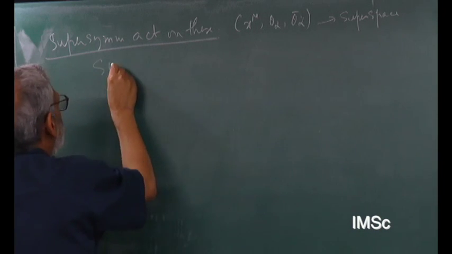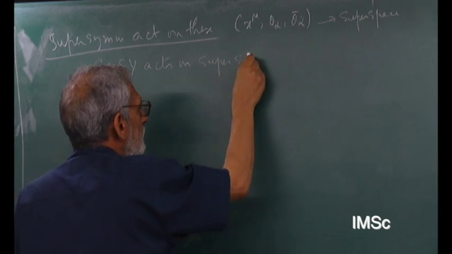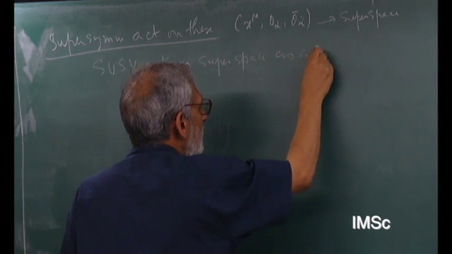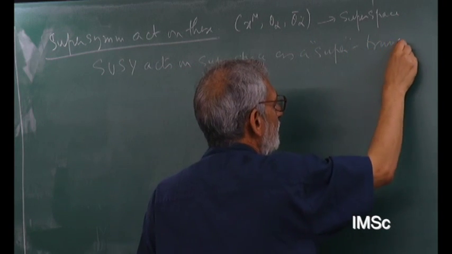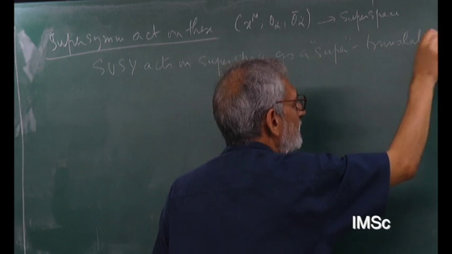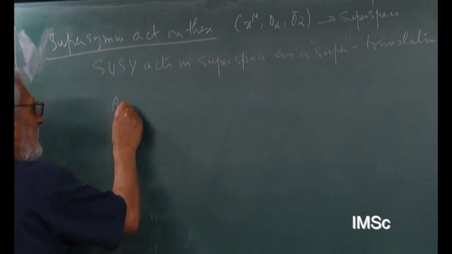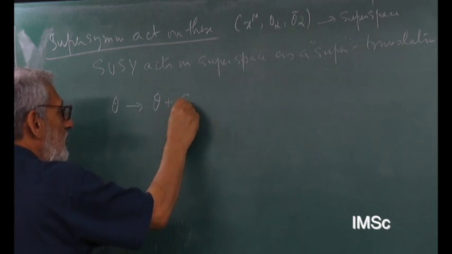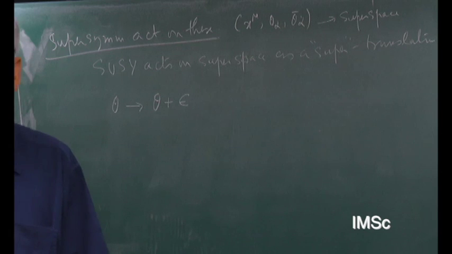SUSY acts on superspace as a super translation. What do we mean by super translation? Theta changes by theta plus epsilon. Epsilon is another Grassmann variable, which is the parameter of transformation. By how much amount do I make the transformation?